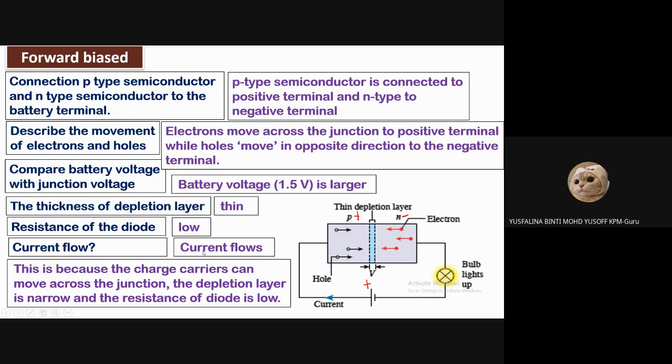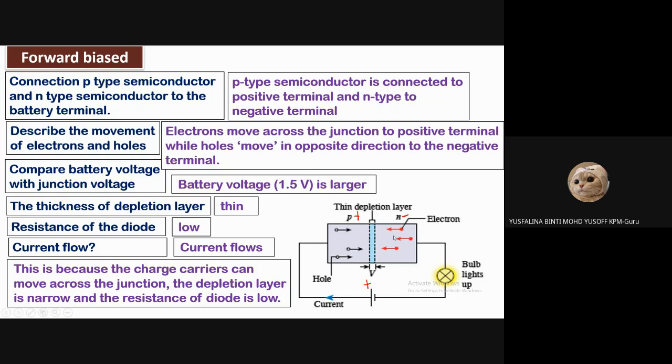Does the current flow? Yes, of course. This is because the charge carriers can move across the junction. So the depletion layer is narrow, because they can move.